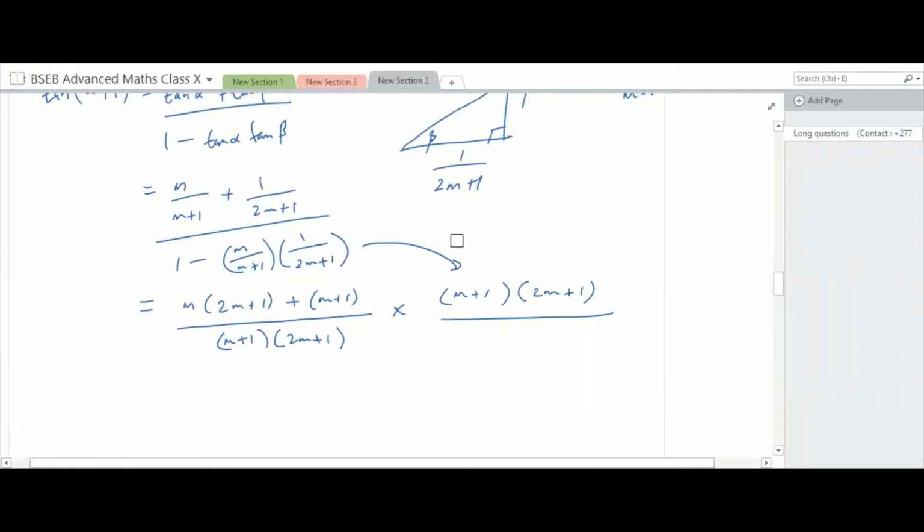Okay, if we just say this divided by, then this will go down, switch it around.